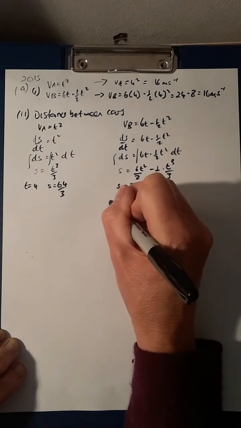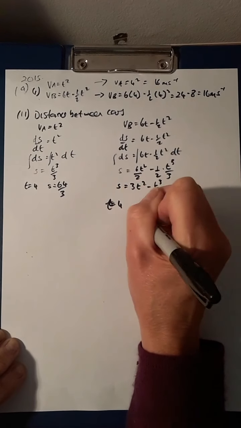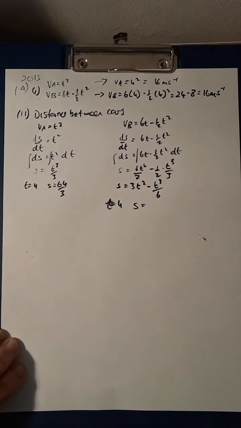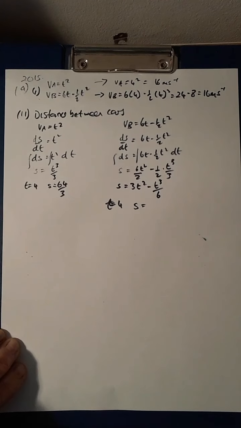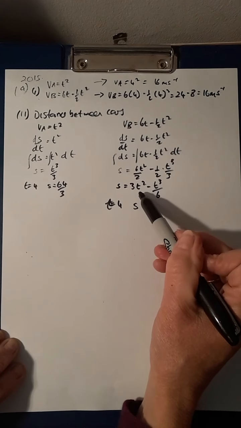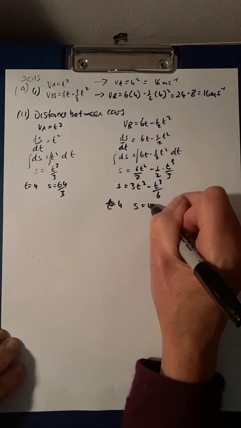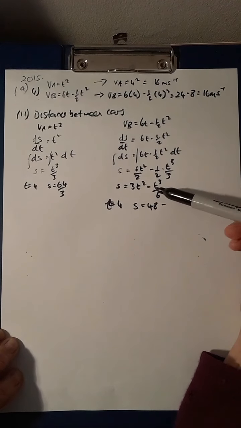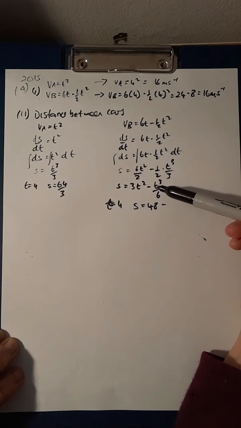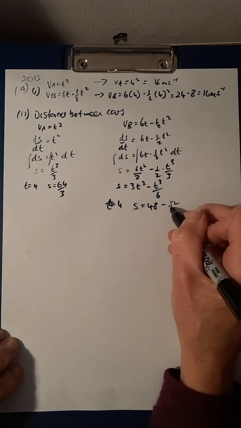I'll put in t is equal to 4 to find the corresponding s. So s will be equal to 16 3s are 48, minus t cubed, which when t is 4 is 32 over 3.